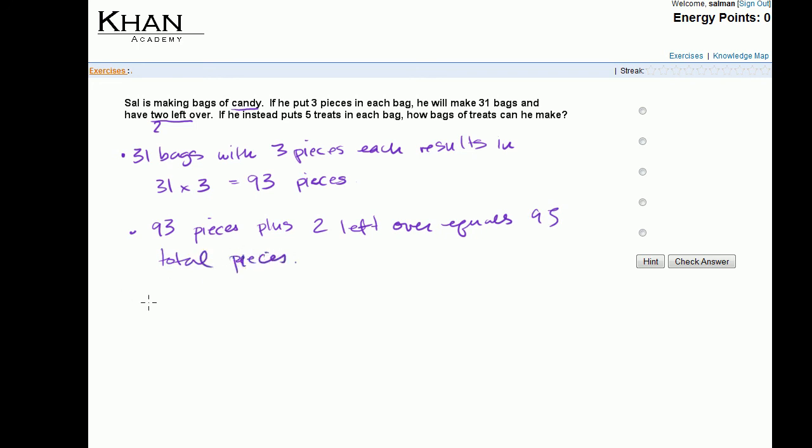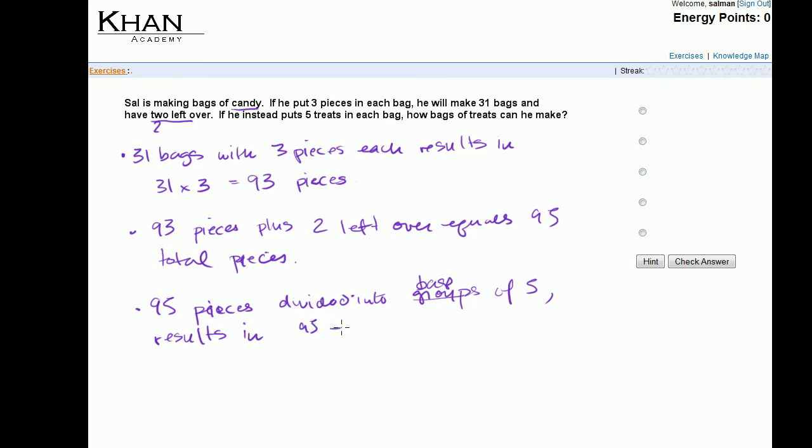And then the final hint is 95 pieces divided into groups of 5, or bags of 5, we could write here, results in 95 divided by 5, which is equal to 19 total bags.